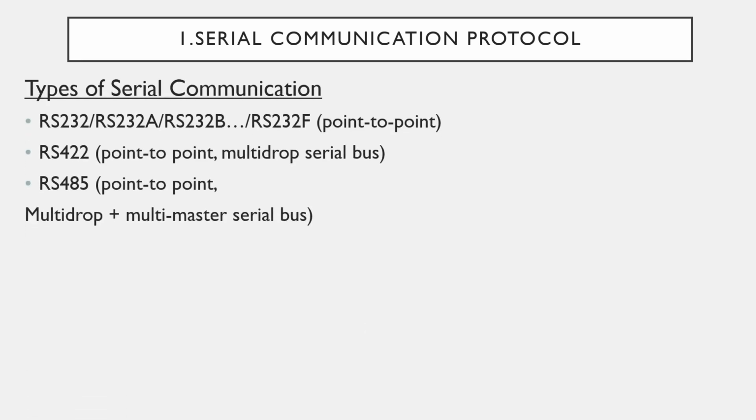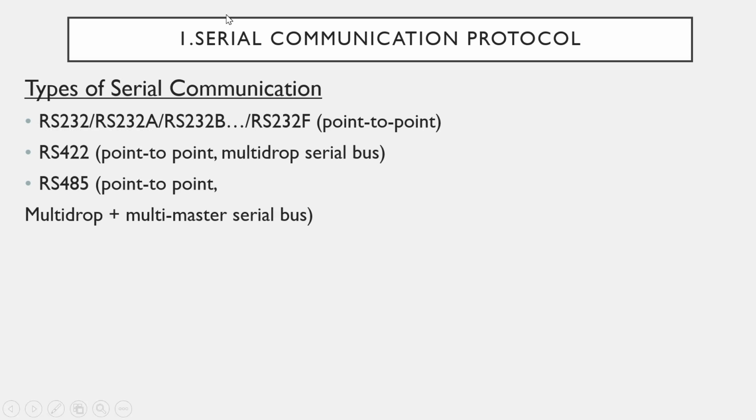There are some serial communication protocols: RS-232 communication, but there are some versions of RS-232 communication. First one is RS-232, which was invented in 1960 and later updated and named RS-232A, B, C and lastly RS-232F.